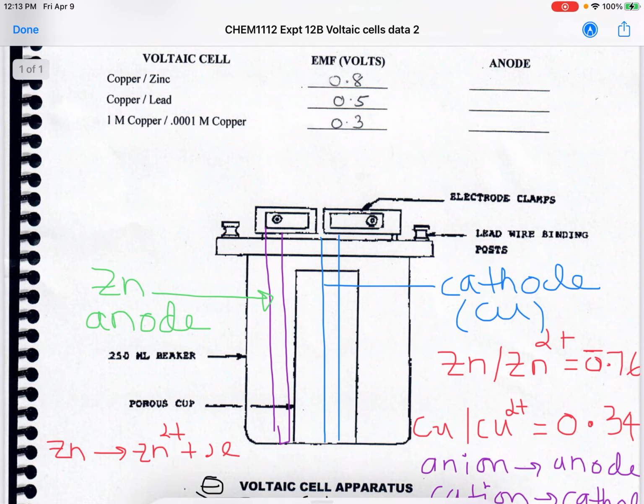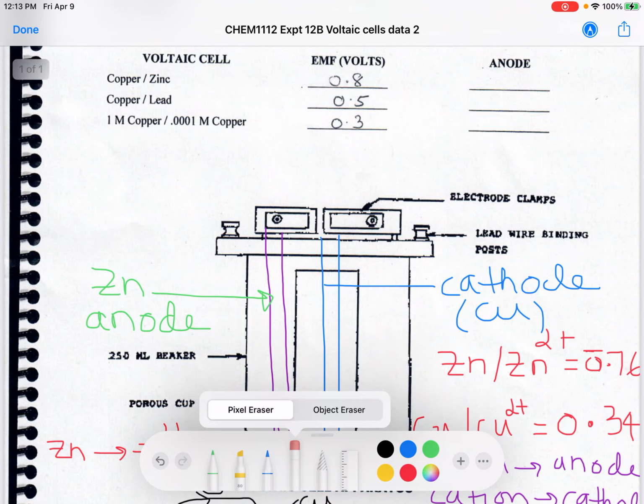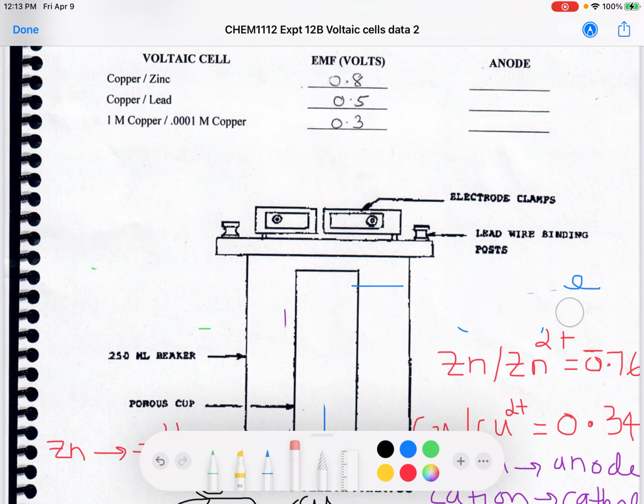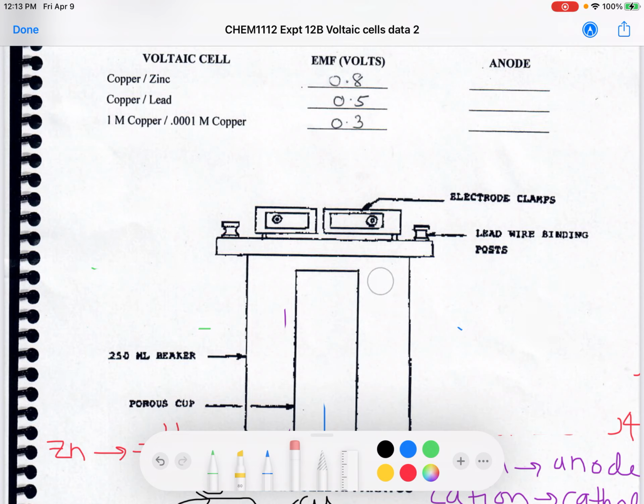I'm going to go ahead and erase some of these ones. And both of these are now copper in the concentration cells. One is going to have a higher concentration, and then the other one is going to have a lower concentration.